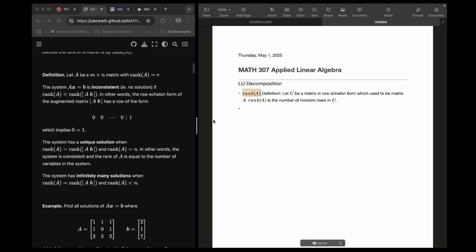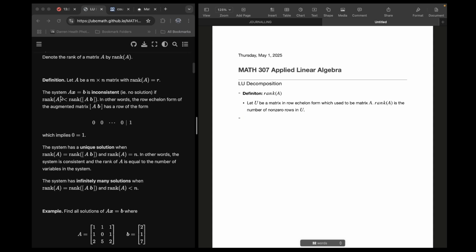The system AX equals B is inconsistent, i.e. has no solution, if rank of A is less than the rank of the augmented matrix AB.